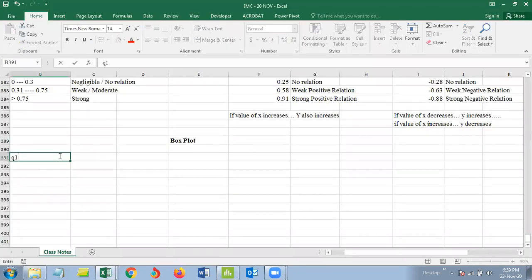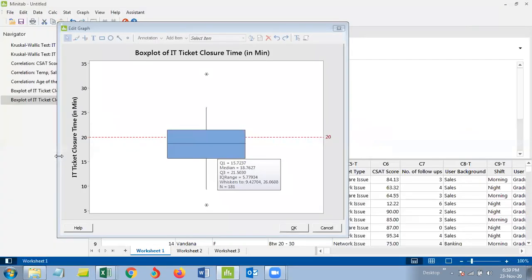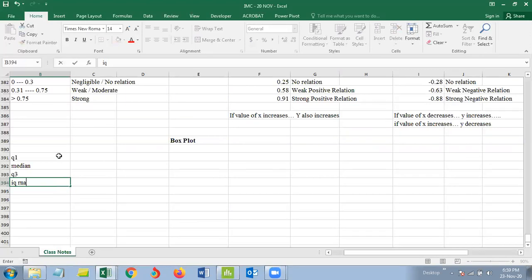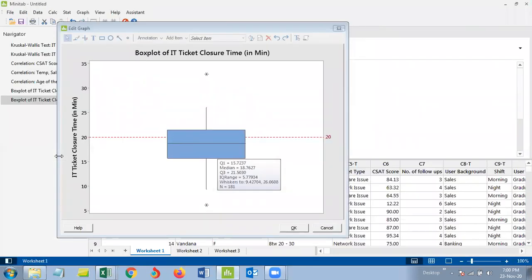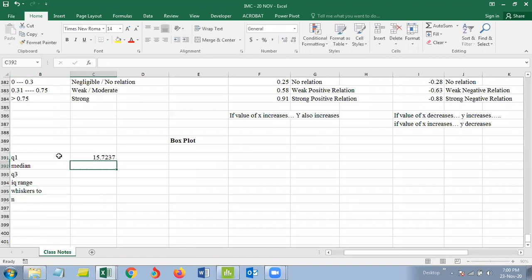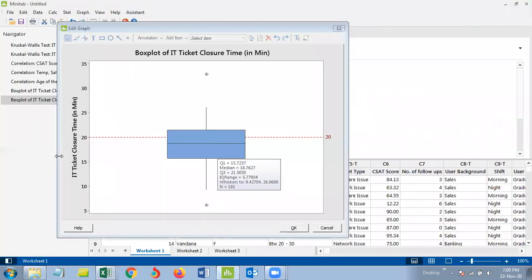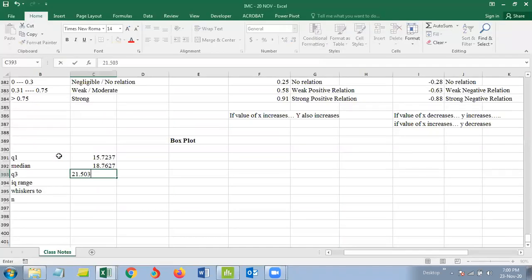It says Q1, it talks about median, it talks about Q3, it says IQ range, it says whiskers, it talks about N. Let me put down the values back here. It says 15.7237, then 18.7627. It says 21.5030.